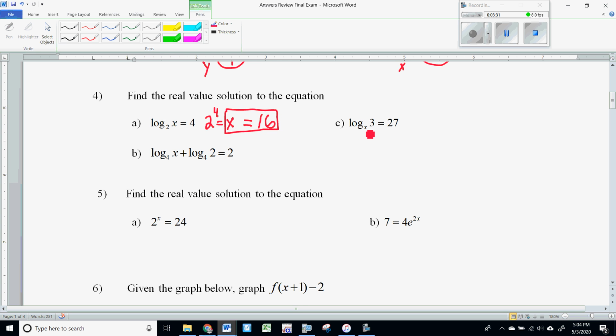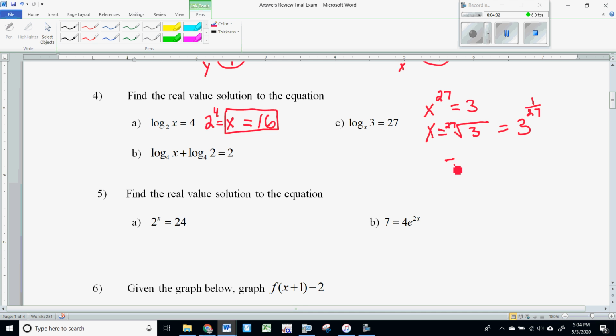If I have log base x of 3 equals 27, this is x to the 27 equals 3. So to do that, I'm going to take the 27th root of both sides. Or if you remember, the 27th root, I could rewrite that as 3 to the 1 over 27th power.